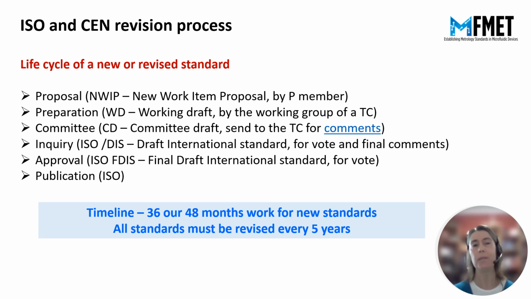Then we have the committee stage, where a committee draft is elaborated and sent to the technical committee for comments. The inquiry phase is where we have the draft international standard for vote and final comments. In the approval stage, a final draft international standard is developed and sent for vote to all the members. And finally, we have the publication of the document.